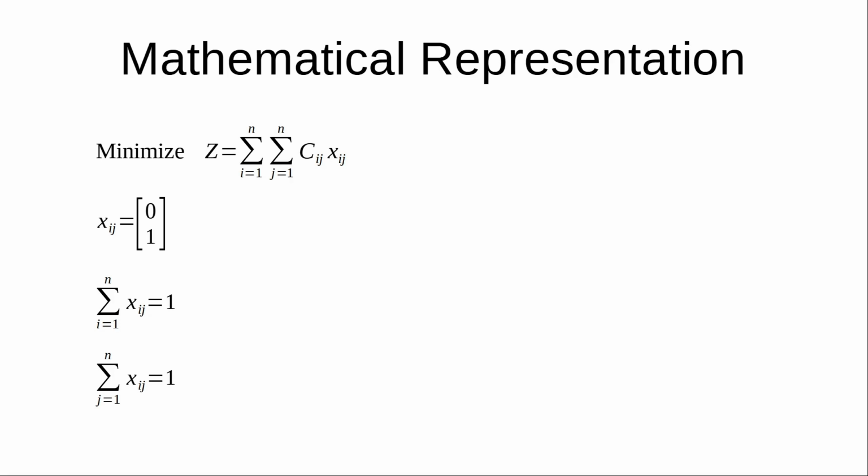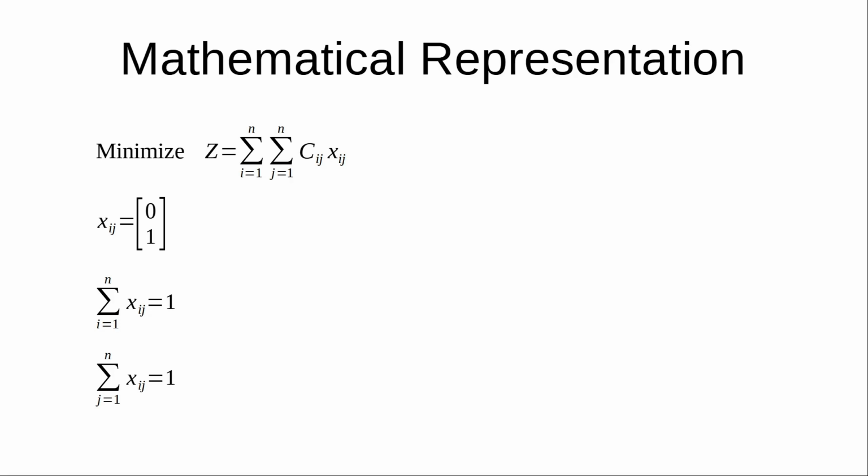Now Xij can have only two values, 0 and 1. 0 means a particular job has not been assigned to a particular facility. Because if we have job number 1, it cannot be given to all n facilities; it has to be given to a particular facility, say the jth facility.